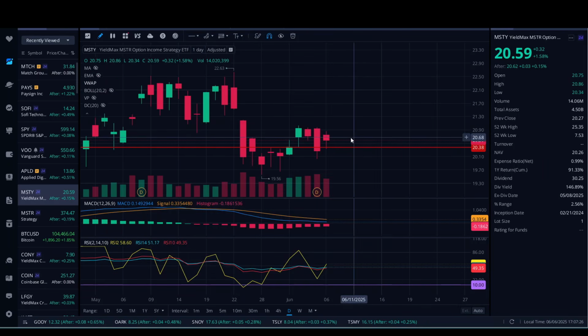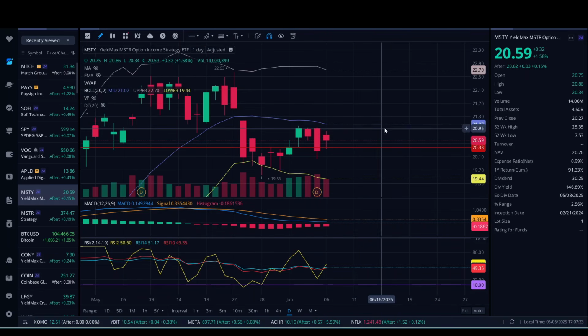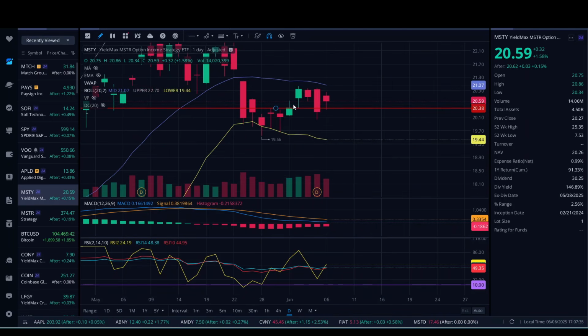So now we do have the adjusted chart showing, and let's go ahead and turn on that Bollinger Band. And as you can see, we are still on that lower half of that Bollinger Band. We are still kind of flat on that MACD, and the RSI, like we said, has turned up just ever so slightly.